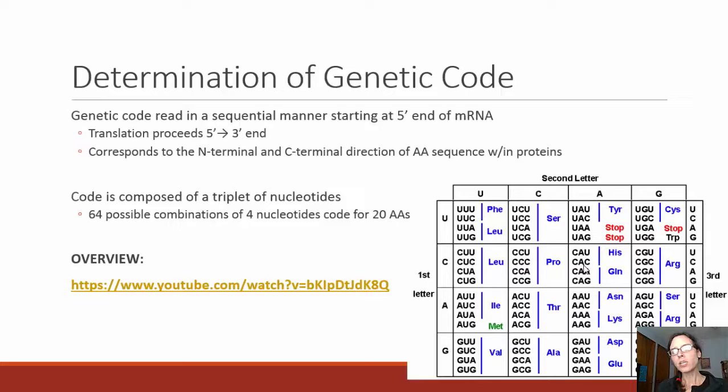We have multiple codons that can code for a specific amino acid. However, each 3-letter code is only associated with one specific amino acid. It wouldn't be associated with 2 amino acids, for instance. So you can have multiple codons for each amino acid, but only one amino acid for each codon.